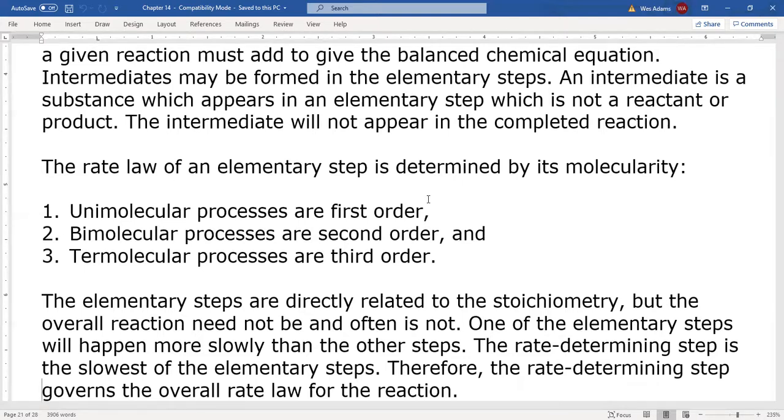One of the elementary steps will occur more slowly than the other steps, and we call that the rate determining step. And so fast steps that occur before that slower rate determining step impact the kinetics in terms of the order of the reaction. Ones that happen after that don't, which is why, as we said before, the stoichiometry does not determine the reaction order for the rate law.